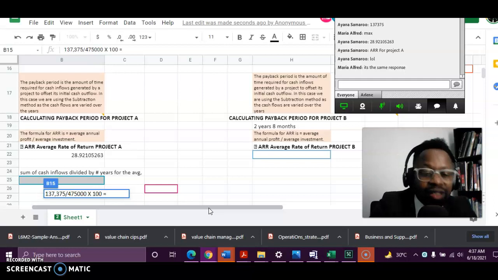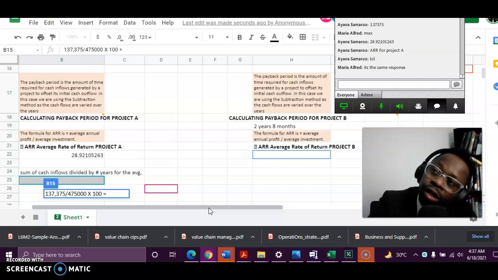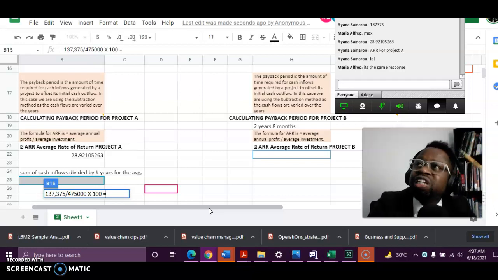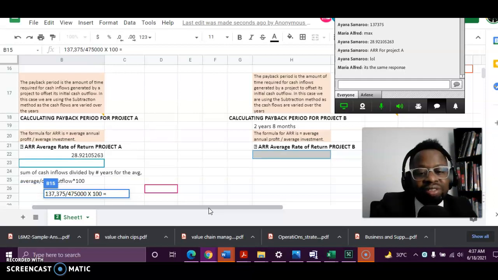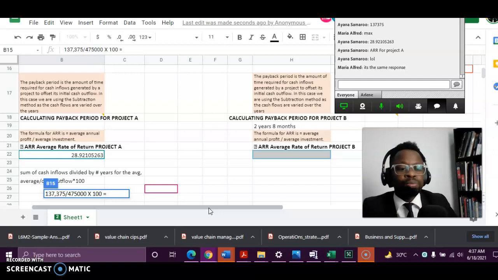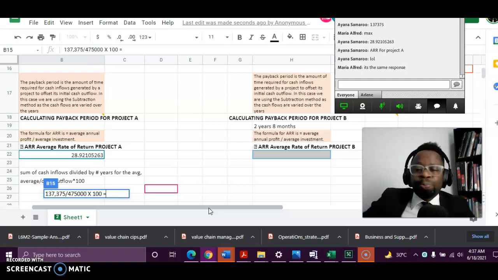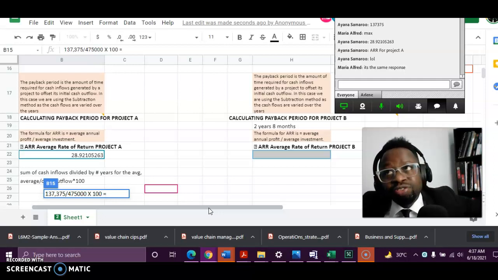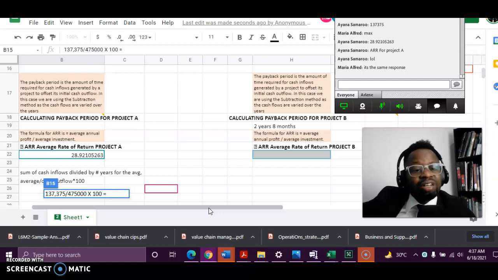Well, here's the thing. For project B, we calculated 1 to 4 years and 1 to 5 years. Why we did 1 to 4 years separately was to compare with project A. So project B has a better average when you look at 1 to 4 years as compared to 1 to 4 years for project A. You understand what I'm saying?